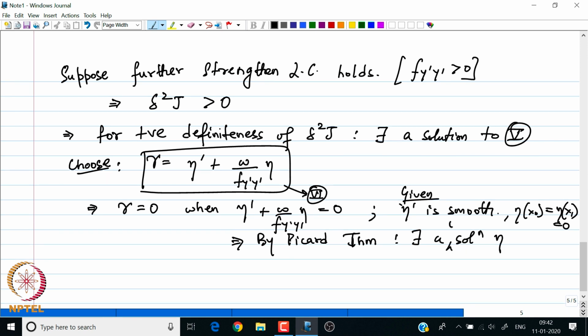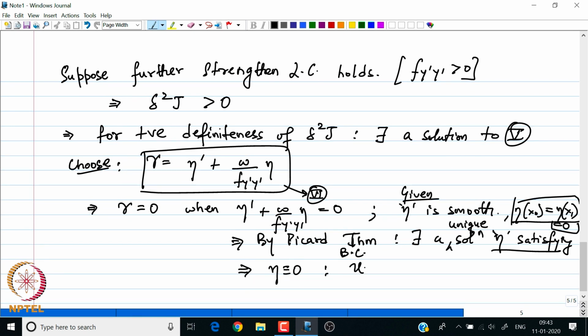In fact, there exists a unique solution because both the function as well as its derivative are continuous, satisfying the boundary condition. Now, I can see that one solution to this ODE given by the expression in 6 is eta equal to 0, right. So, since eta is a unique solution, eta identically 0 is our unique solution, which satisfies the boundary condition as well, right.